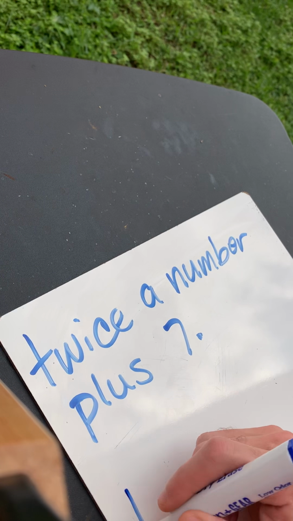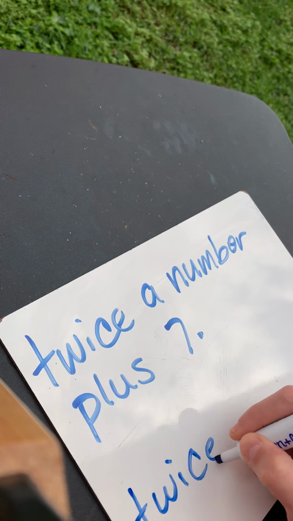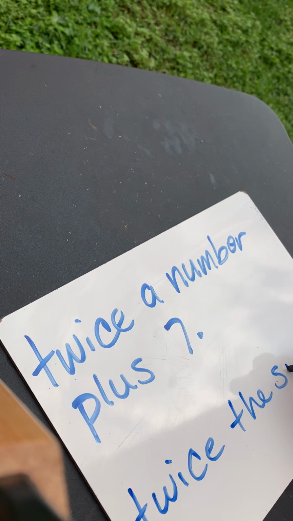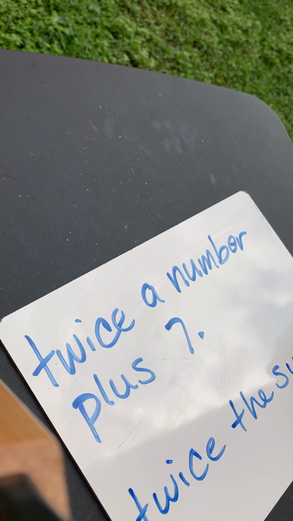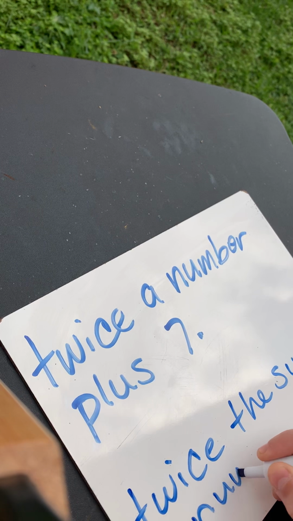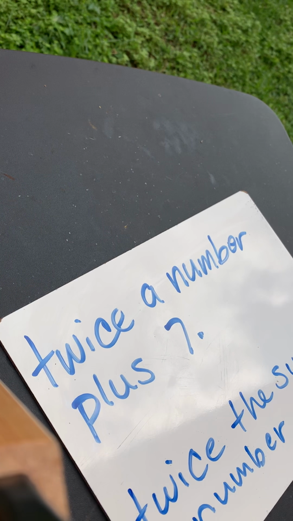And then we'll write here twice the sum of a number and 7.